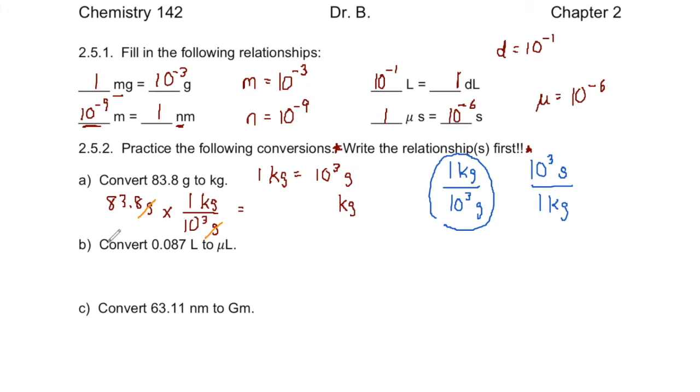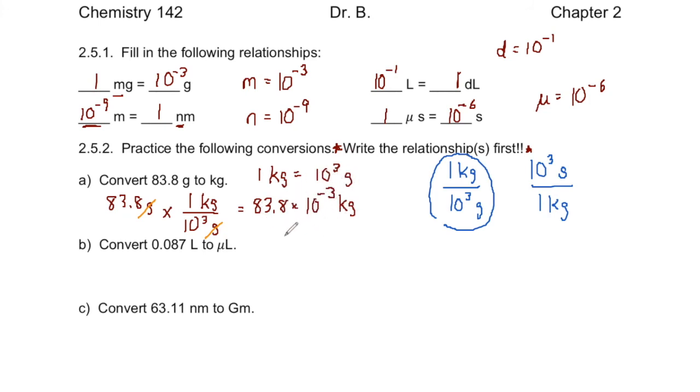So this answer will be in kilogram. Now what remains is to be able to divide 83.8 by 10 to the third. If we want, we can take this 10 to the third that's in the denominator and bump it up to the numerator, changing the sign. So dividing by 10 to the third is the same as multiplying by 10 to the negative third.